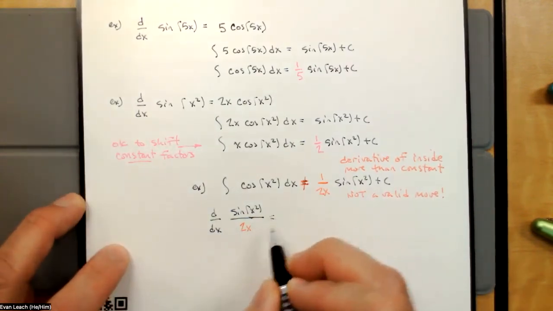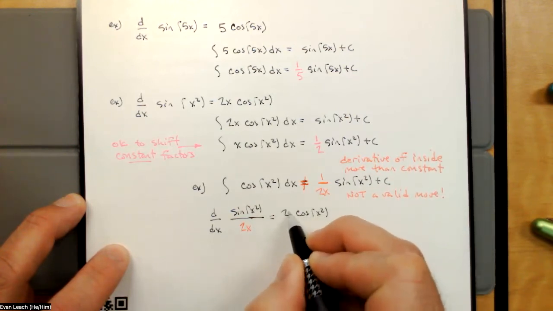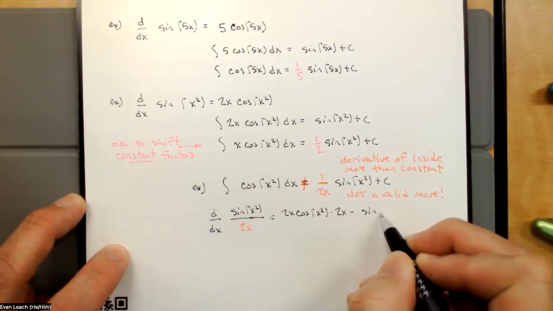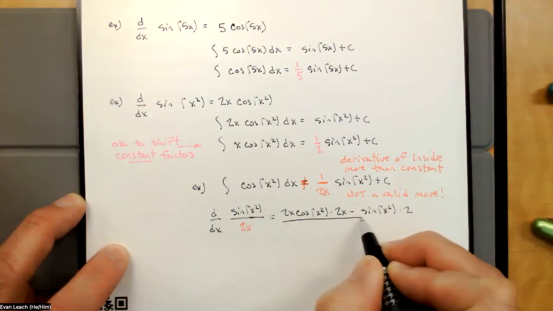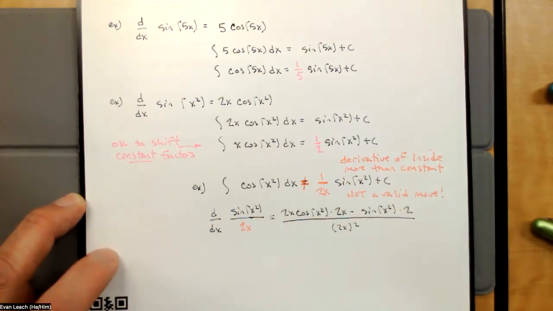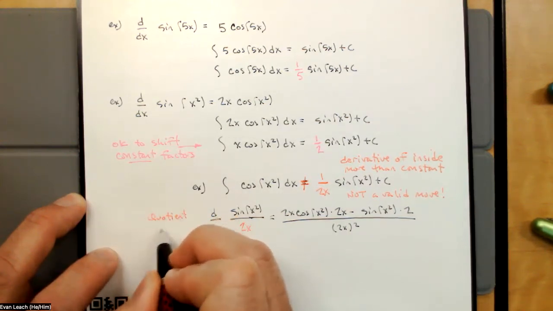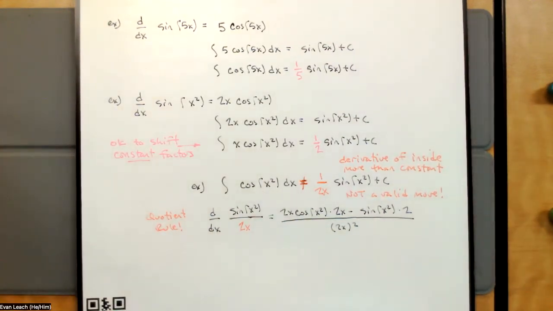We'd have to use the quotient rule, which says take the derivative of the top times the bottom minus the top times the derivative of the bottom over the bottom squared. And all this is clearly not going to be cosine of x squared.